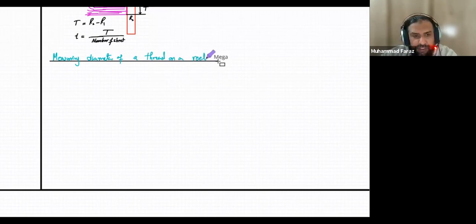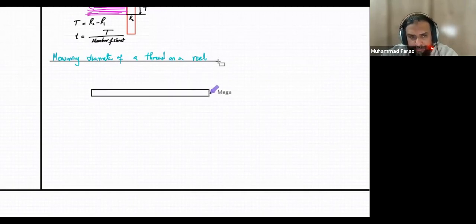So there is a big reel of thread, and I need the diameter of that thread. What I do is I take the ordinary scale. Okay, not ordinary scale. Let's use something else. This is, make a guess. What is this thing?